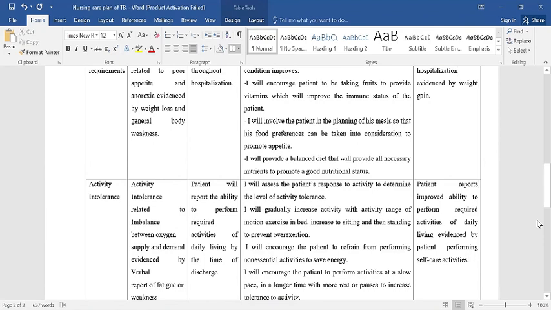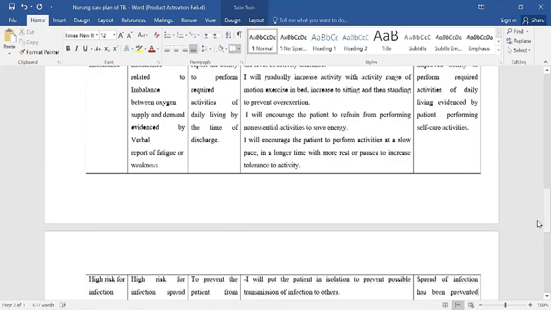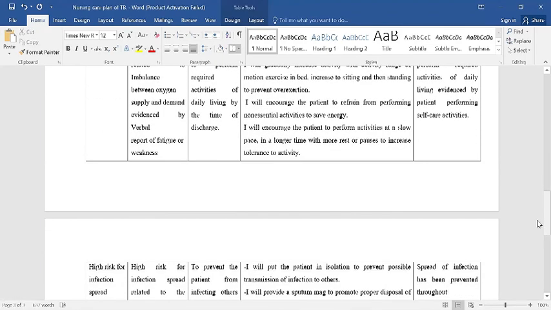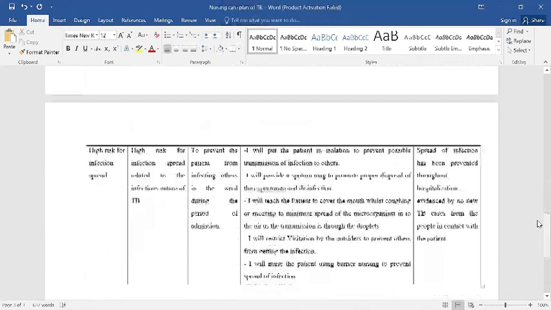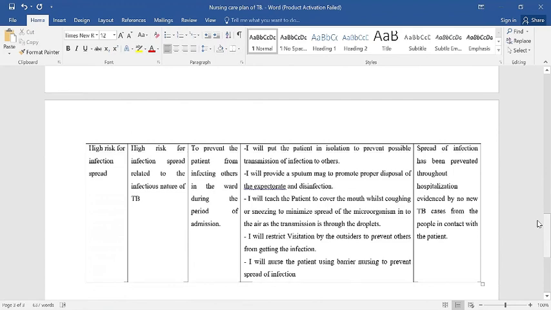So we're simply saying the patient will report an improvement in the ability to perform activities of daily living, evidenced by performing self-care activities such as brushing the teeth, bathing, even eating.